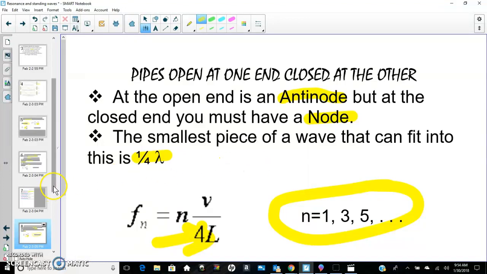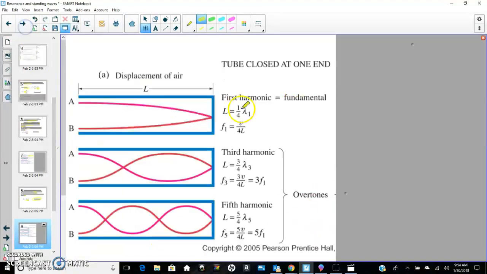We can look at a diagram of that as well. Here we see a node at the closed end and an antinode at the open end. And that gives us a quarter wavelength equaling the length for our first harmonic. Now there's no way we can have a second harmonic here, because you would never be able to get a node at one end and an antinode at the other end fitting 2/2 lambda in the length.